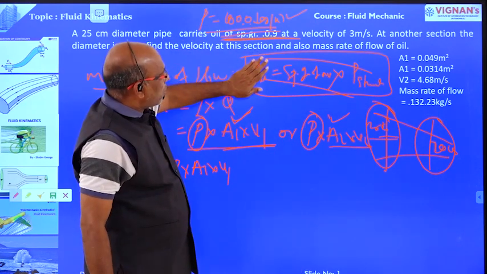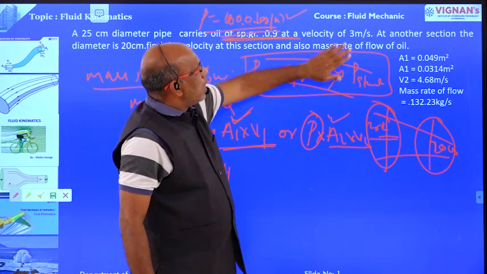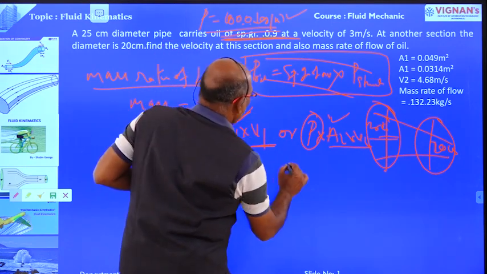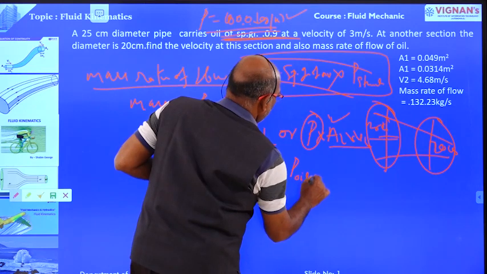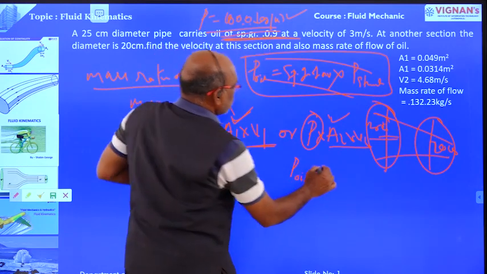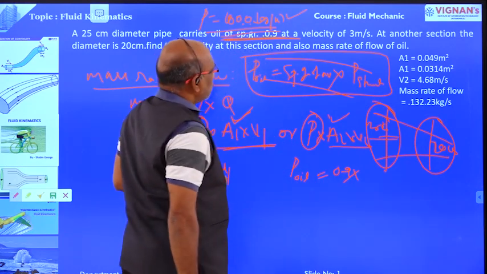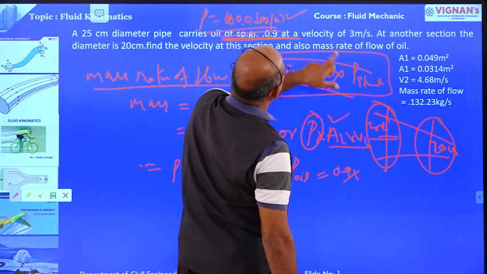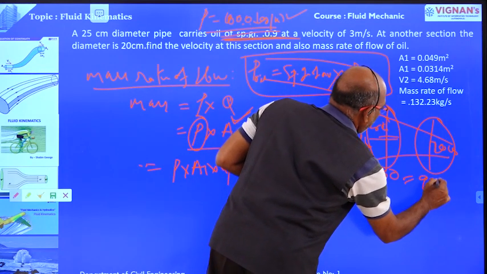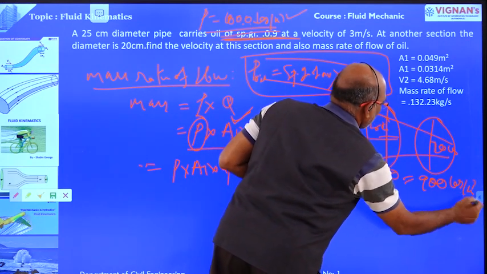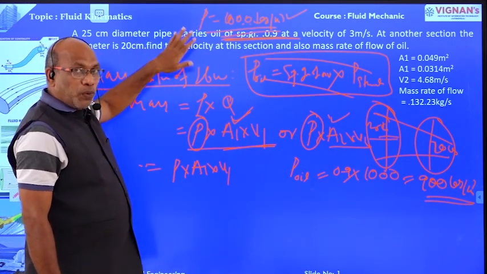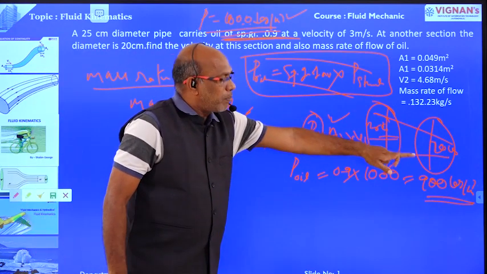Density of any liquid is equal to specific gravity of that liquid into density of the standard liquid. Based on this formula, density of oil, rho oil, is equal to specific gravity of the oil, given in our problem as 0.9, into density of the standard liquid, 1000 kg per cubic meter. This is equal to 900 kg per cubic meter. Right? The density of the flowing fluid is 900 kg per cubic meter.